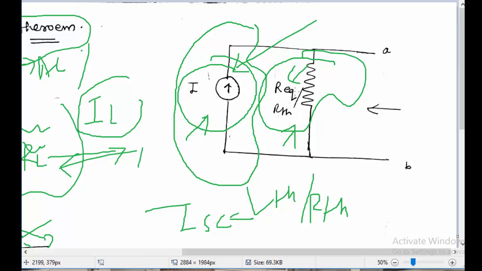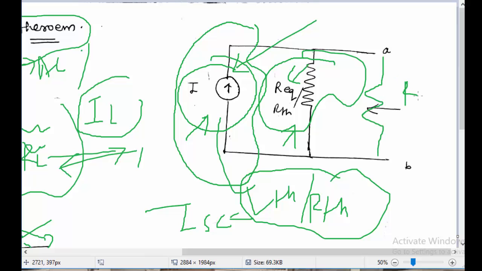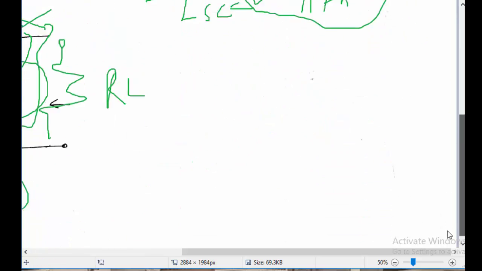You will now have the equivalent resistance, the Thevenin's net resistance, in parallel to the current source. So you have found the current I by using VTH divided by RTH. Then you put the RTH in parallel to the current source, and here you will have the load resistance RL. To find the load current, you will have to consider this in parallel. This is how the Thevenin's and Norton's network can be represented.